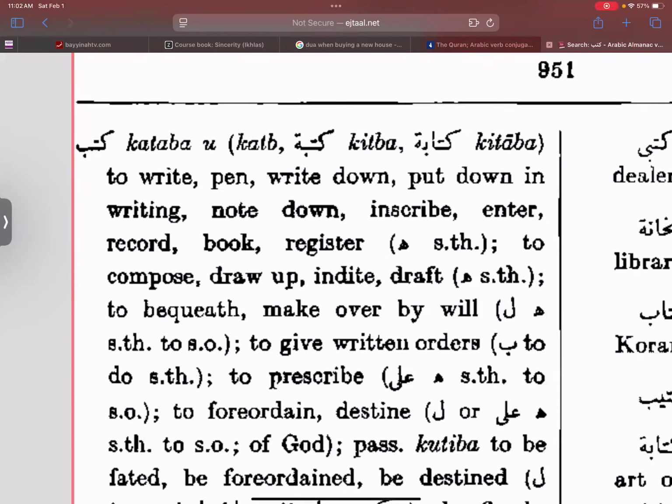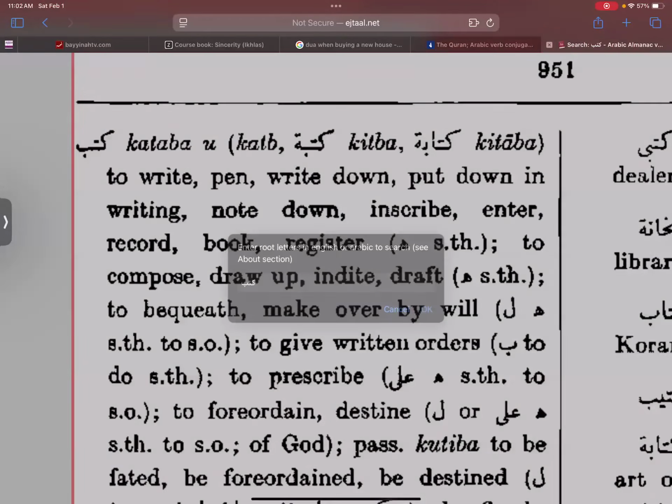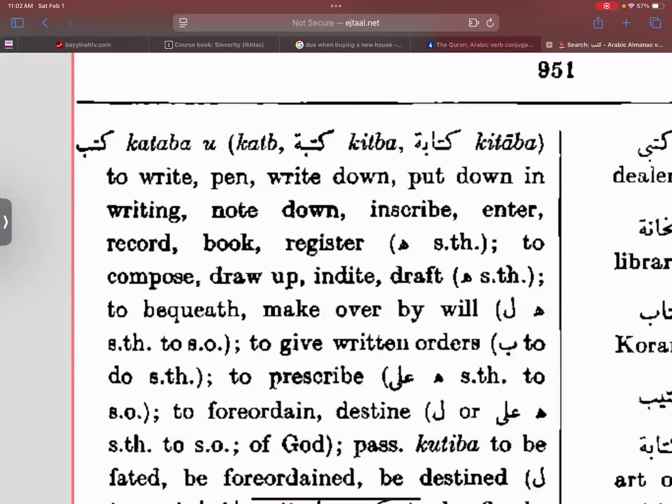And the writing is basically the book, right? So kitab could be the masdar of this verb as well. To write, even pen, write down, put down in writing, note. Note taking could be in kataba as well. Inscribe, enter, record, book, register. So many meanings.